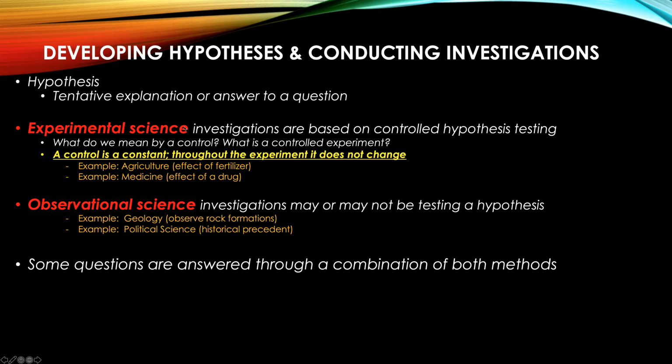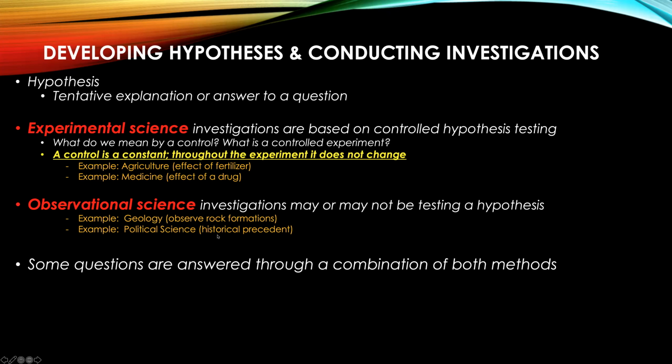So in experimental science, you're always comparing a treatment with a control. In other words, fertilizer versus no fertilizer, drug versus no drug. In observational science, investigations may or may not be testing a hypothesis. For example, a geologist looks at rock formations, not necessarily doing experiments on them, but just observing what they look like.